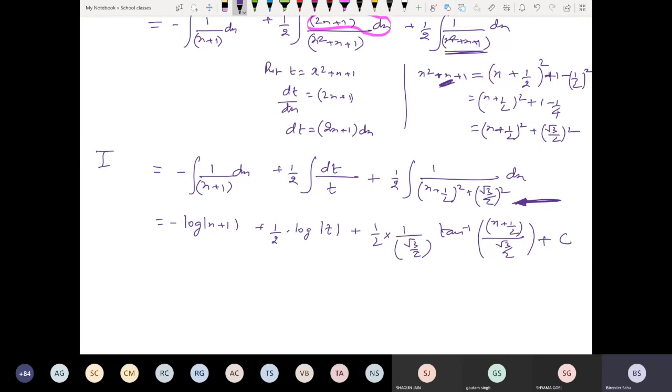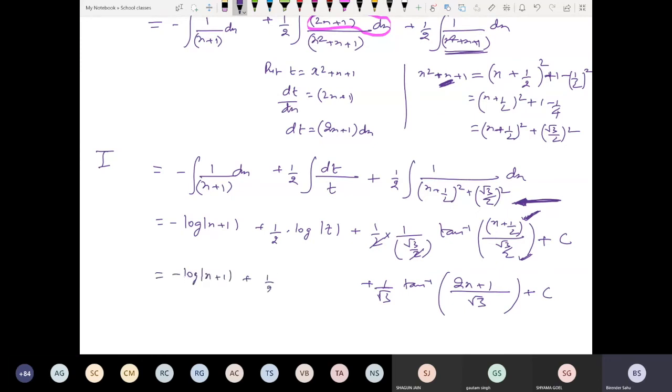So this is 1 by root 3 tan inverse. What we do? I am multiplying 2 to numerator and denominator both. So this will be 2x plus 1, and here it will be root 3, plus c. Rest will remain the same.